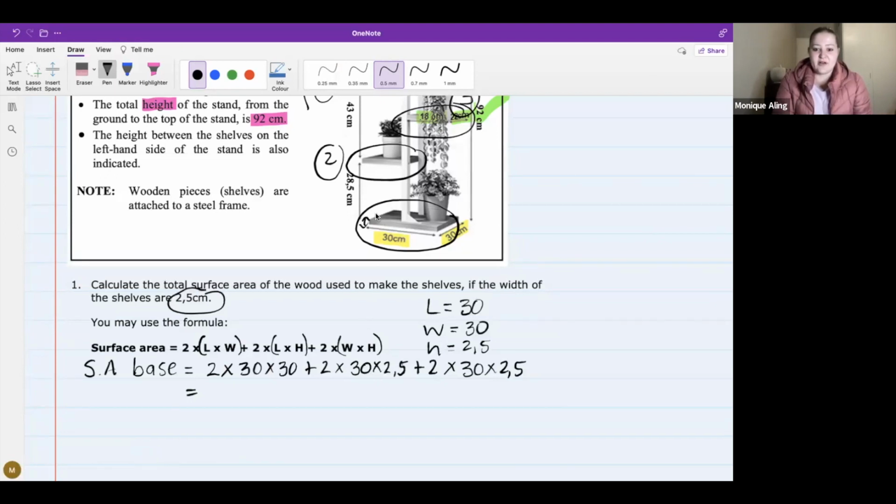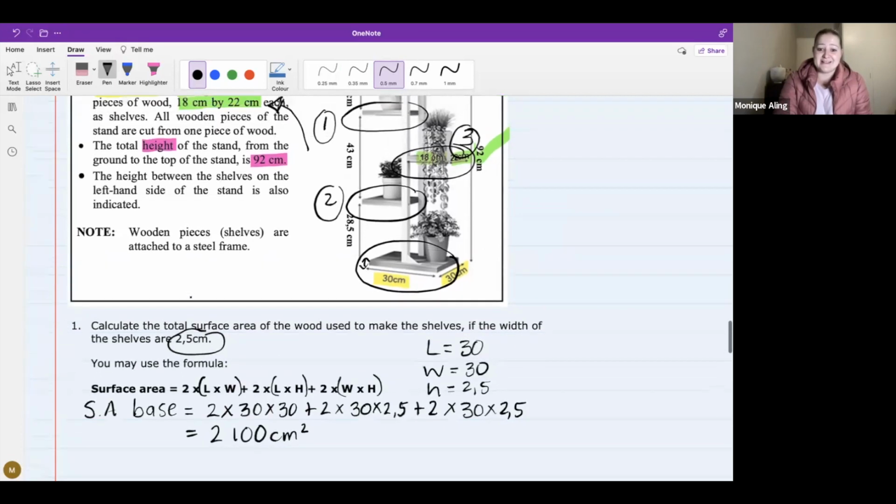Okay, nice. We've got 3 answers so far, and they're all correct. So if you put that all into your calculator, you should get an answer of 2,100 centimeters squared. So that is the surface area of the base.